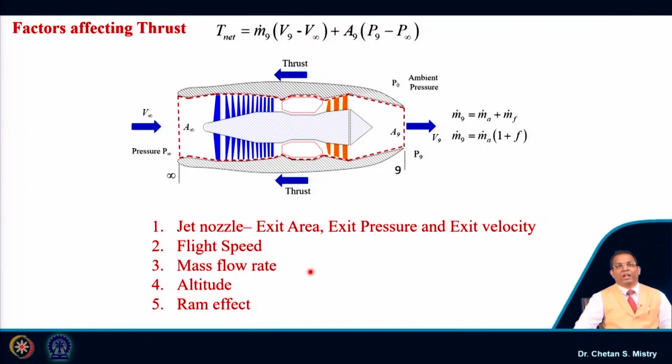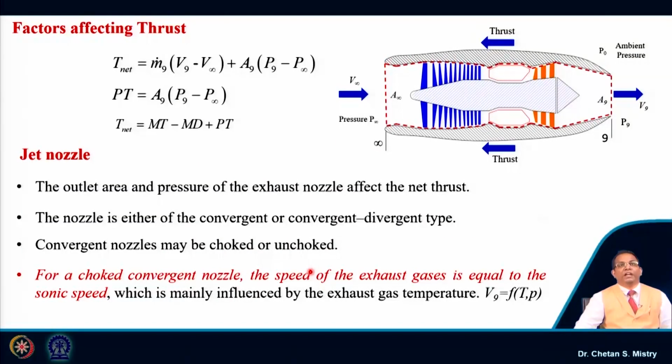So, let us analyze one by one. Let us take the first case, my jet nozzle. Here, it is affecting two parameters. One is my pressure thrust, which depends on my exit area and the pressure at the exit. The other term is my V9, the jet velocity.